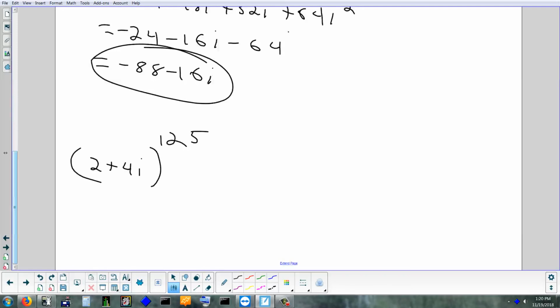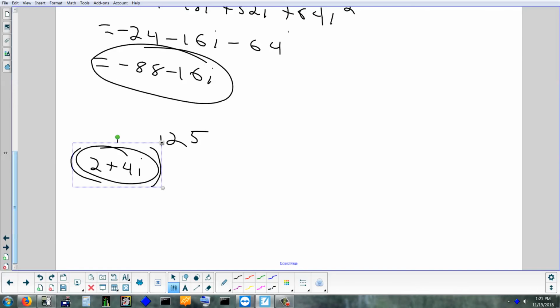Well, there's a shortcut to doing this. It doesn't matter if you make this exponent a 12 or a 12,000. I can do it just as fast either way. Doesn't make a difference. The key is going to be how you write this. That's rectangular. What's the other way we can write it? Polar.